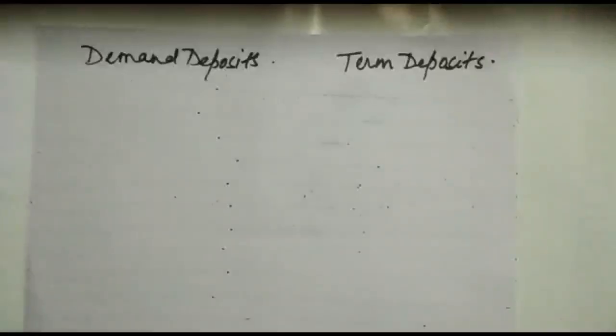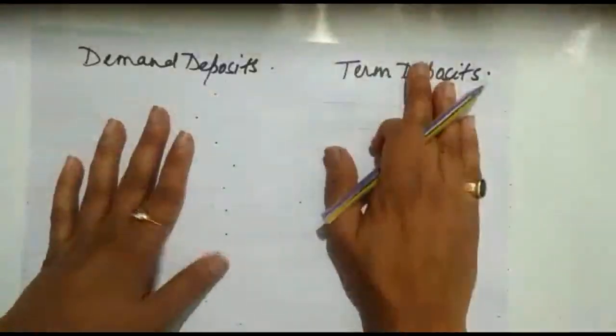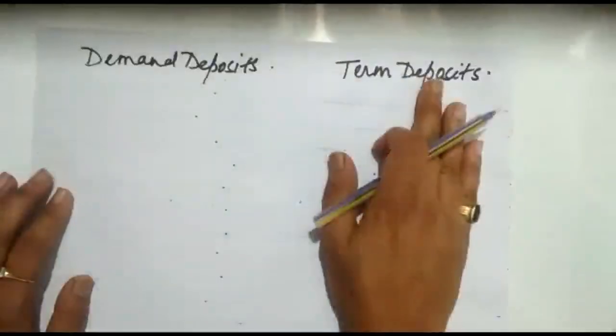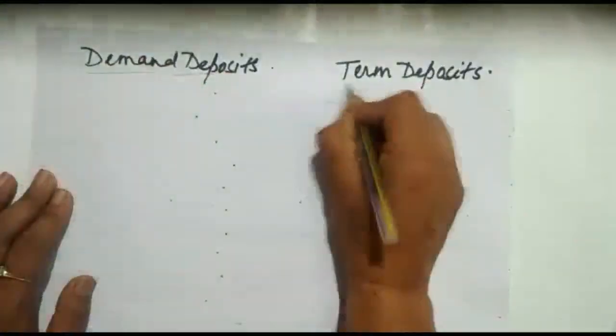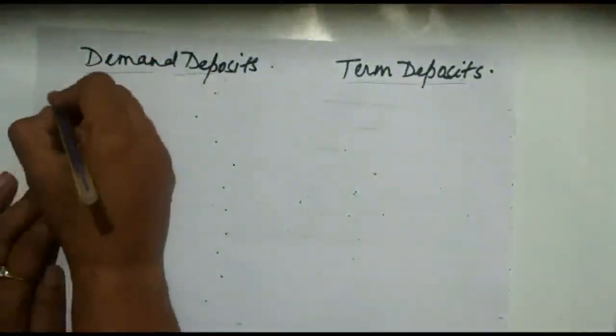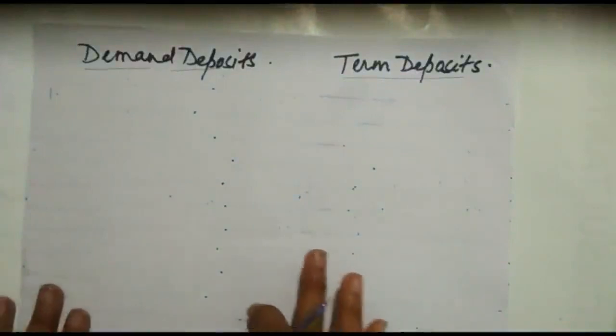Okay. What do you mean by demand deposits and term deposits? Let us know the difference between demand deposits, that's an important word, and term deposits. The first one, demand deposits, is not made for a fixed period of time.